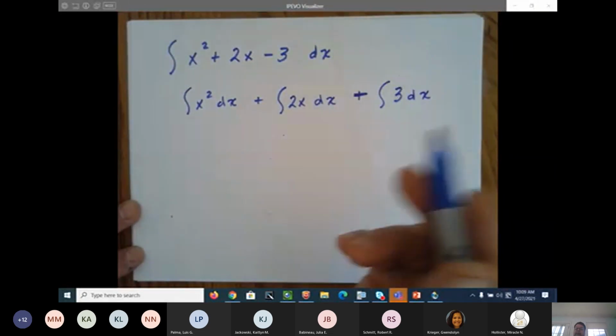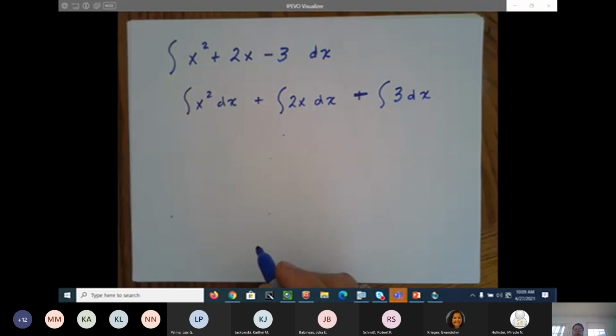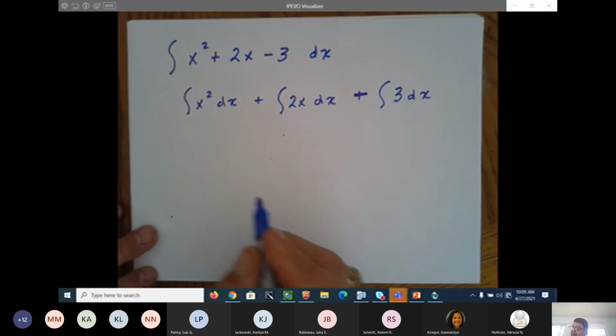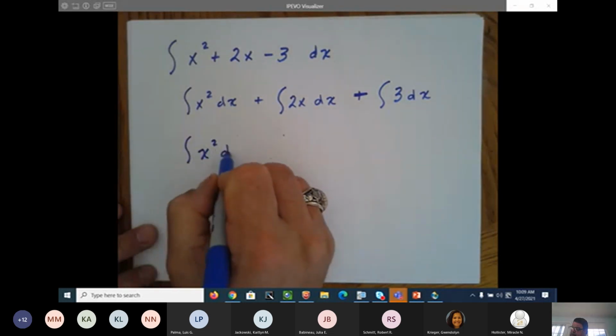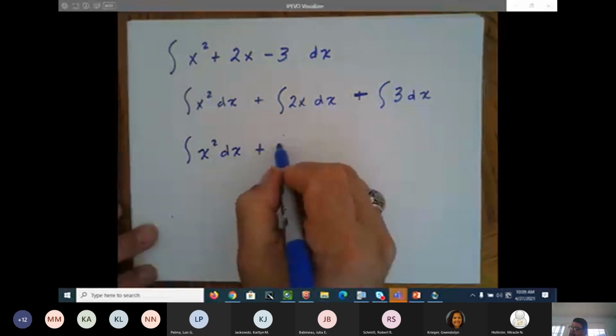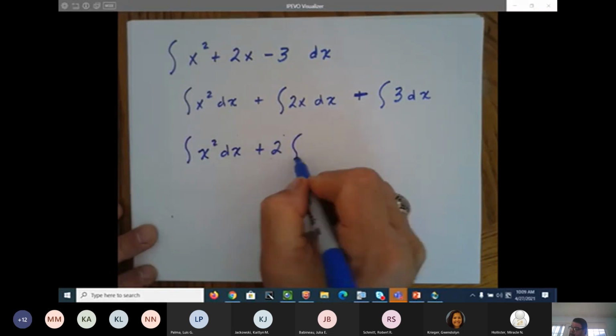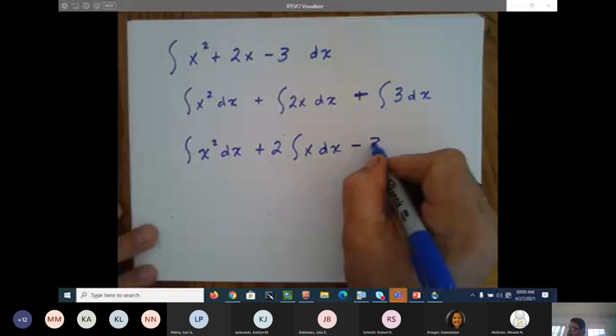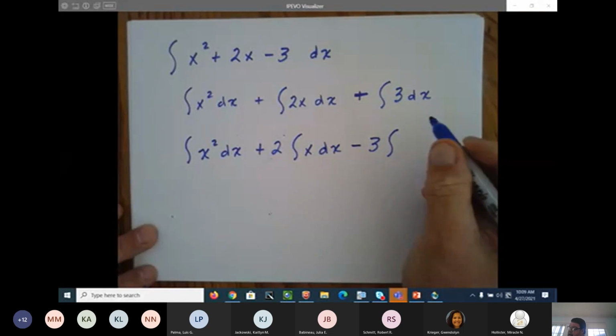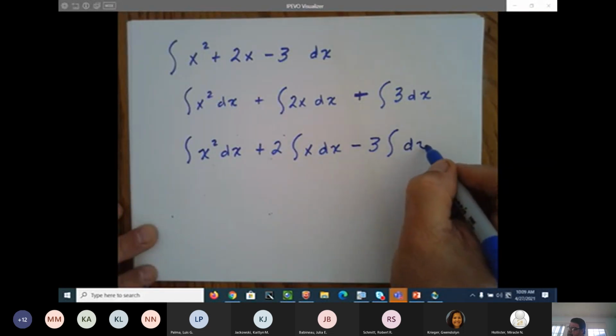There's one more thing. You can pull out constants more easily with antiderivatives: the antiderivative of x squared dx plus 2 times the antiderivative of x dx minus 3 times the antiderivative of dx.